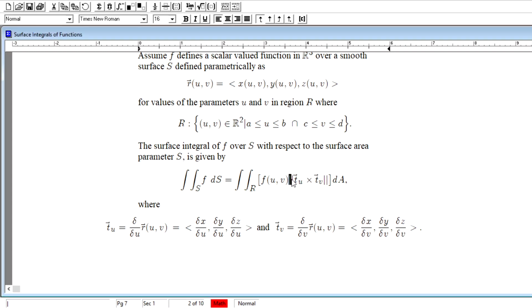So if we take the cross product of those two vectors formed by these partials of R bar in terms of u and in terms of v, we will get a vector description, where if we take the magnitude of that vector, that magnitude is going to be scalar in value and be the scalar multiple of function f in terms of u and v, forming the integrand of our double integral calculation over region R. This magnitude of this cross product, again, is that Jacobian multiplier in the transformation of surface S into region R in its description.